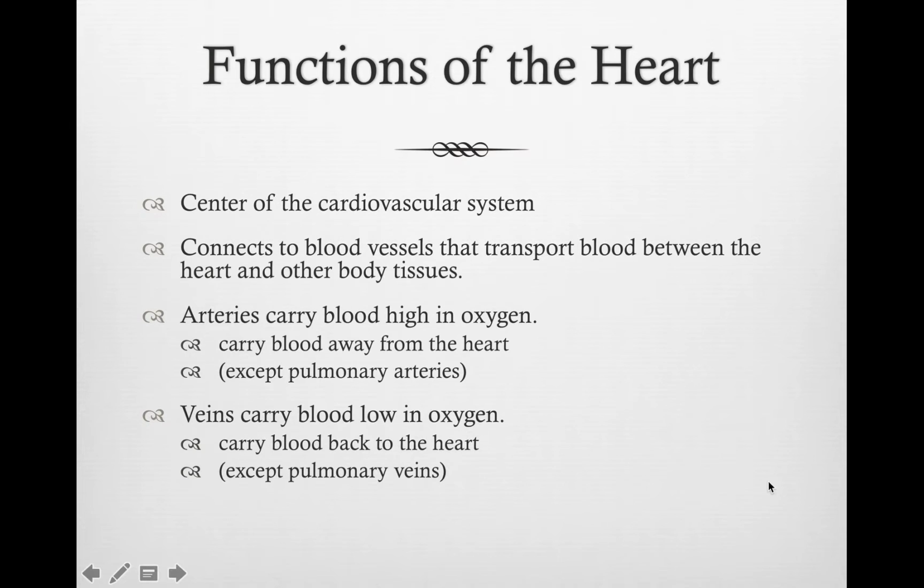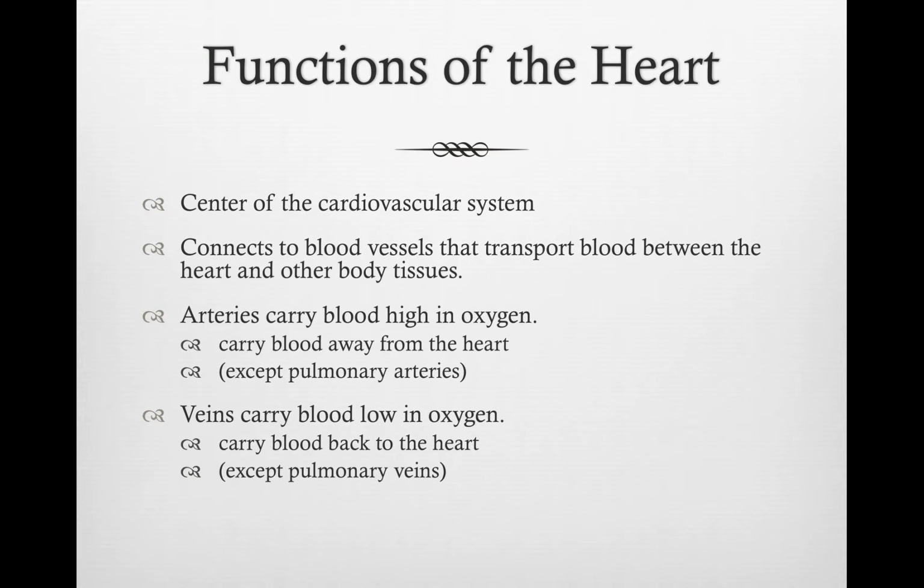So, arteries do indeed almost always carry blood high in oxygen, right? Now, there are some exceptions to that rule. The exceptions are the pulmonary arteries, which carry deoxygenated blood from the heart to the lungs for reoxygenation.